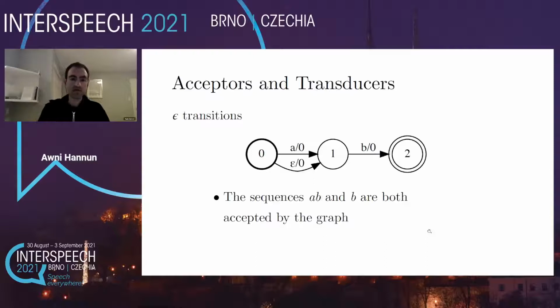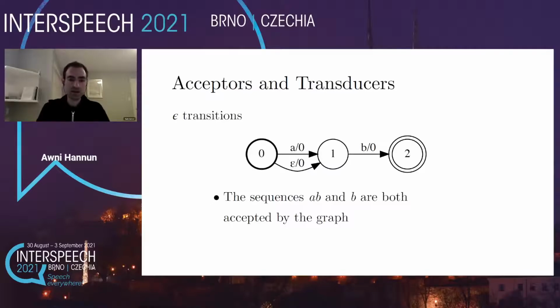Now, one of the more important concepts in acceptors and transducers is this notion of epsilon transitions. They're also one of the more slippery, more subtle concepts, to really gain an intuition for what they enable. But the basic premise is that an epsilon transition is one that can be followed without consuming any input.